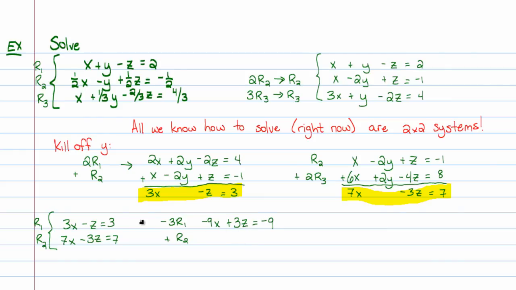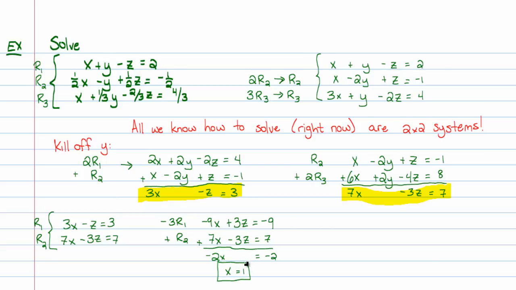Remember, you're multiplying everything by that negative 3. And in row 2, I'm just going to rewrite 7x minus 3z is equal to 7. Add these up. And when you do that, negative 9x plus 7x is a negative 2x. The z's cancel by design. And this will be a negative 2 here, which means that x is equal to 1.